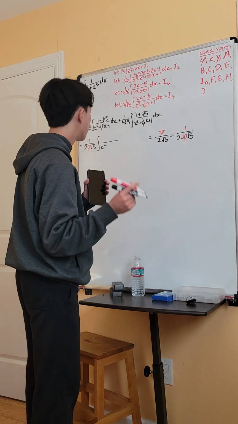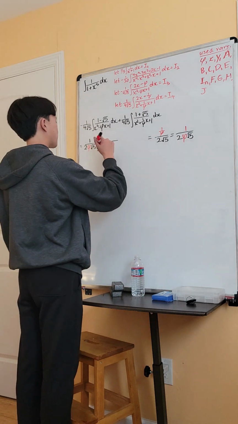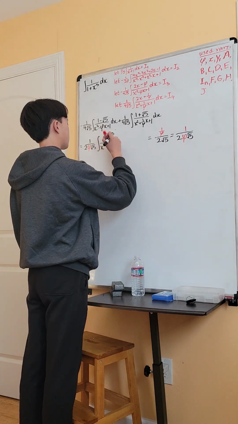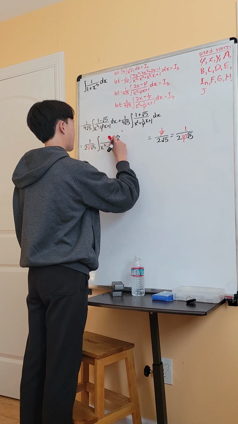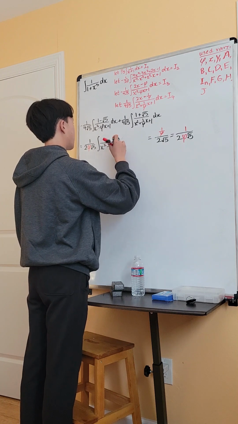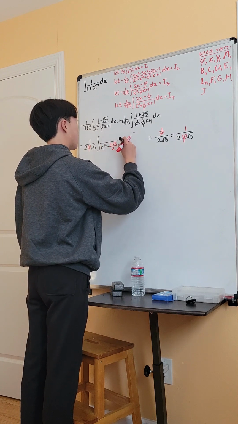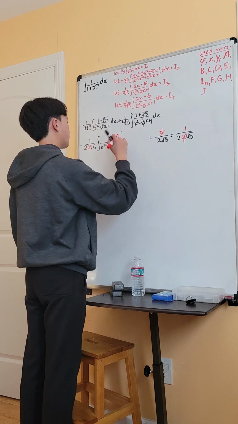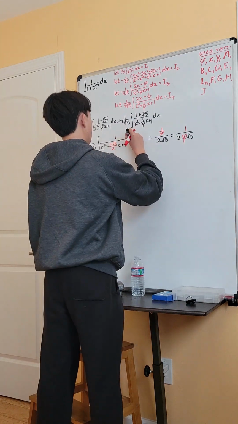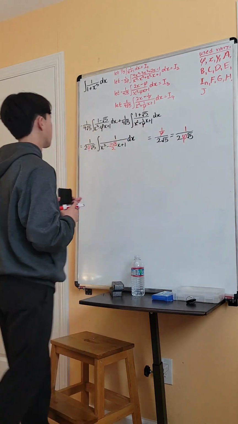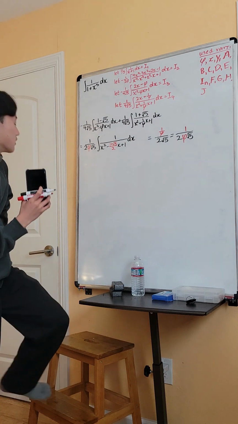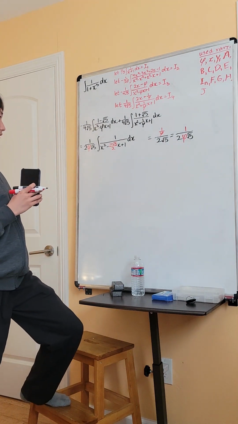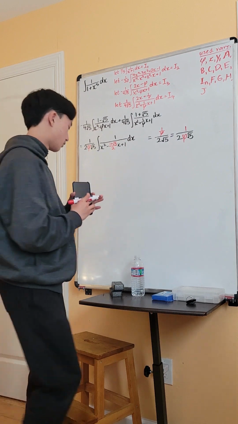So we're going to replace this with 1 plus root 5 over 2 x plus 1, and then dx. Is there a better way to do this? Okay, so we have that.